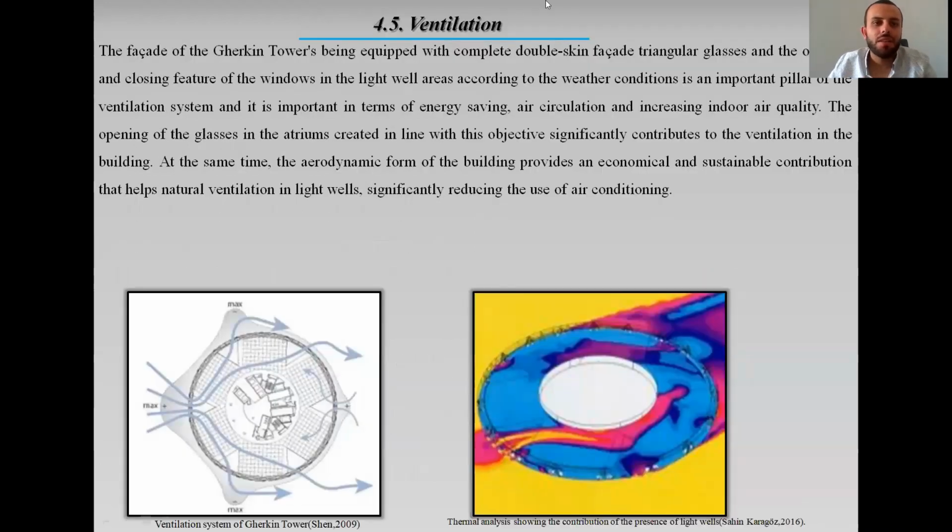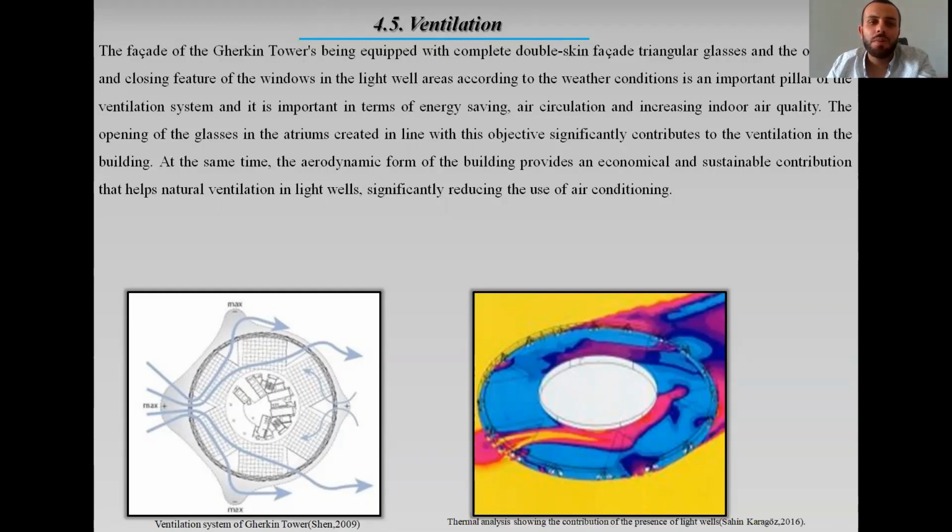Ventilation. Gherkin Tower is equipped with complete double-skin-faced triangular glasses, and the opening and closing feature of the windows in the light well areas according to the weather conditions is an important pillar of the ventilation system, important in terms of energy saving, air circulation and increasing indoor air quality.